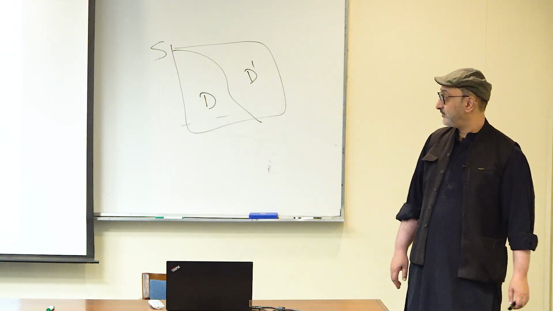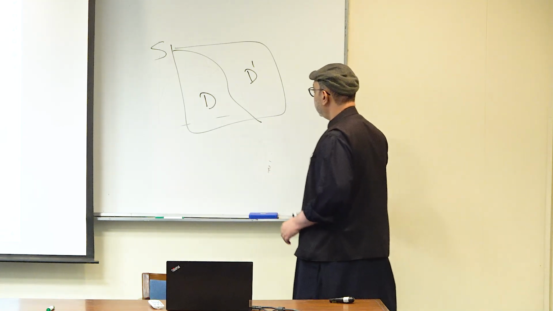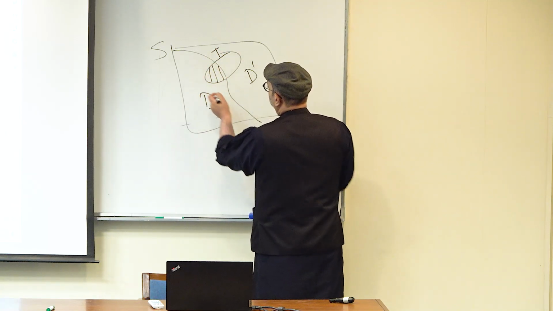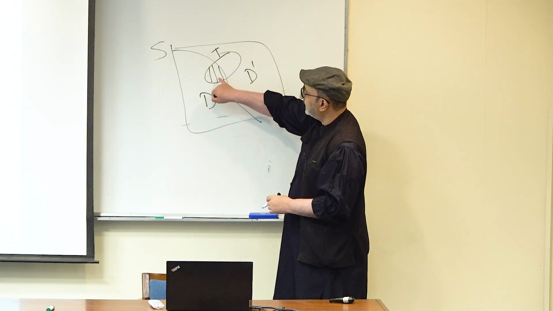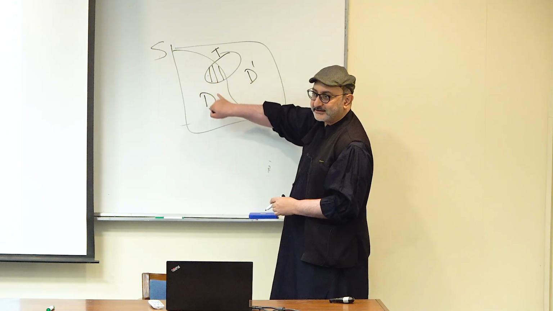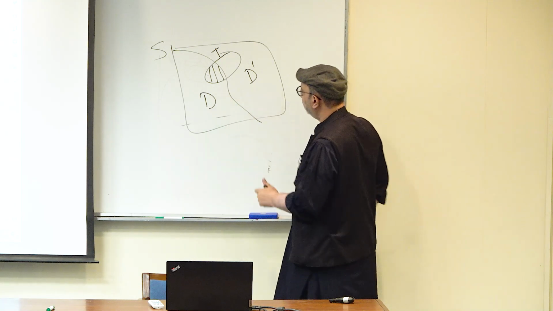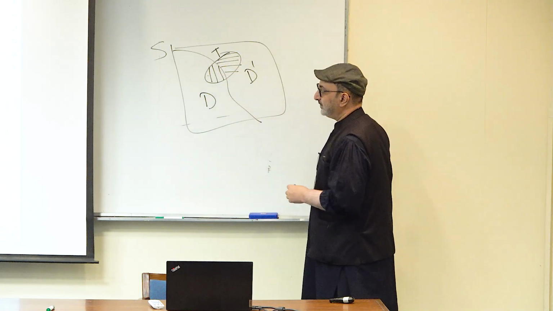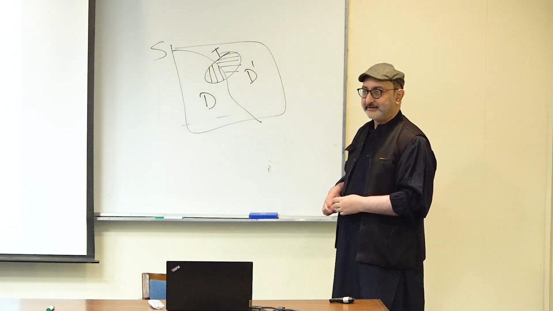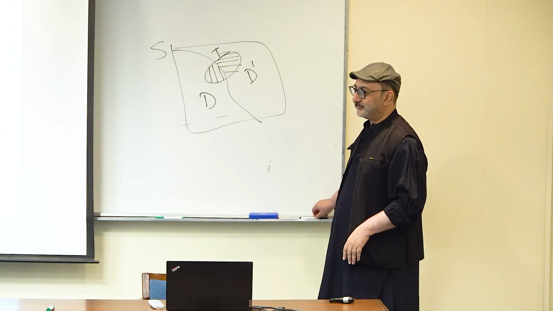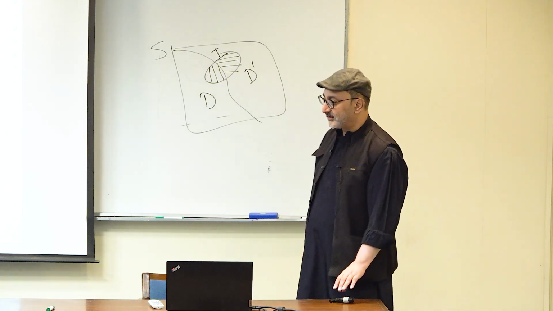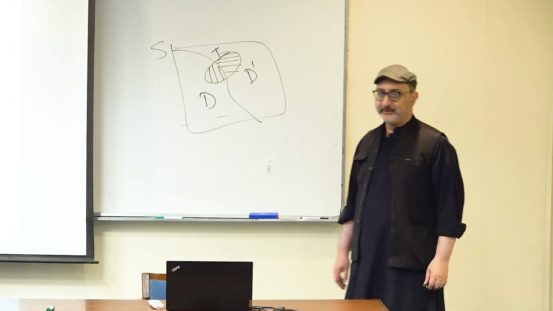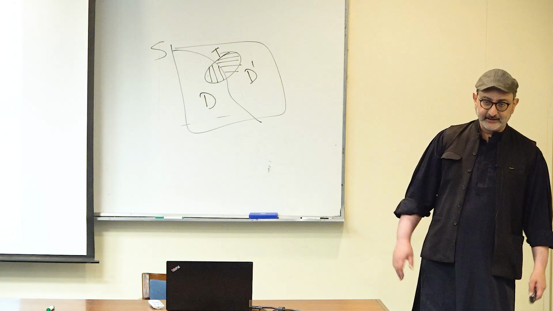So here's your T. This is the contribution to the probability of T from the part of T that lies in D, and this is the part of T that lies in D complement. So we also add the probability coming from that part. Then we put those two probabilities together, and that gives us the probability of T altogether.